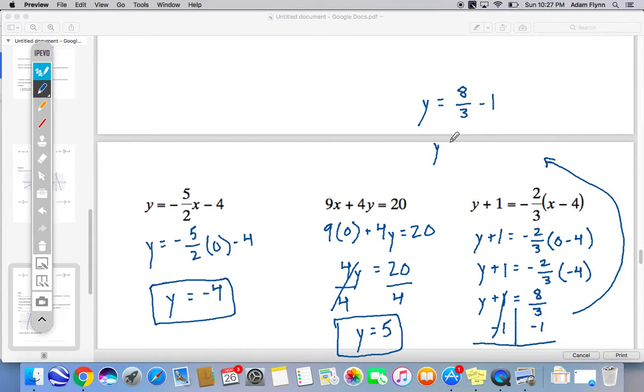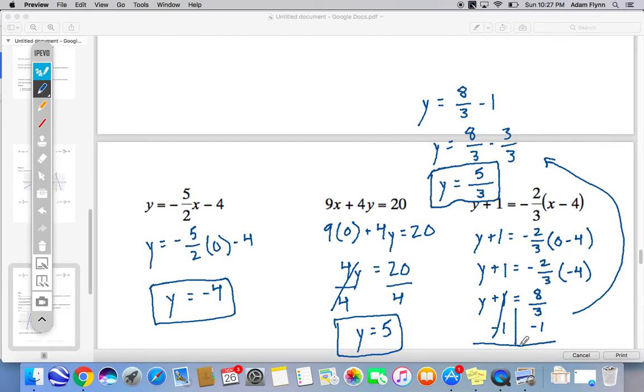So I have y equals 8 over 3 minus 3 over 3. So I know y will equal 8 minus 3, which is 5, and 3 will be my denominator. 5 divided by 3 does not simplify, so I know my y-intercept is 5 over 3.